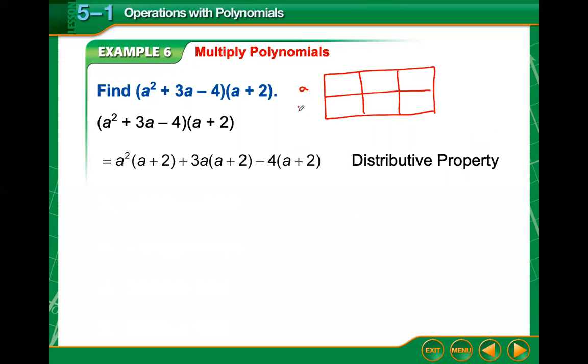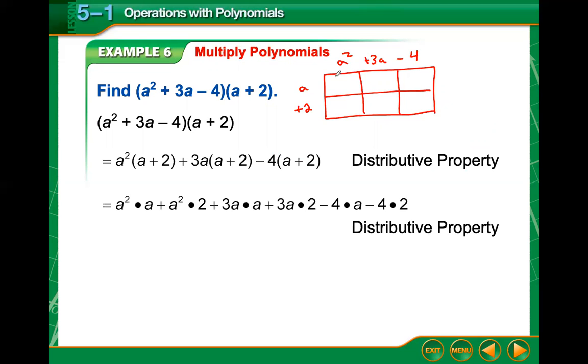So I'm going to do a plus 2, and we're going to have a squared plus 3a minus 4. We will get the same information as if we did distributive property, because this is saying a squared times a plus 2. So that is what's going on in this column. 3a times a plus 2, negative 4 times a plus 2.